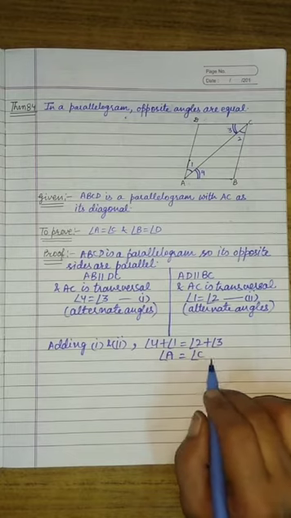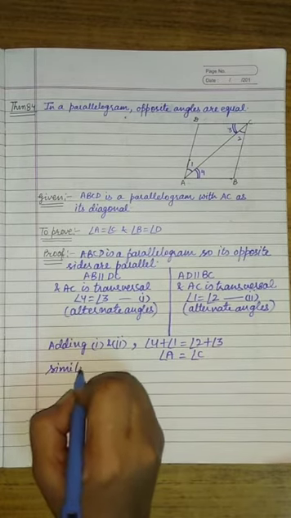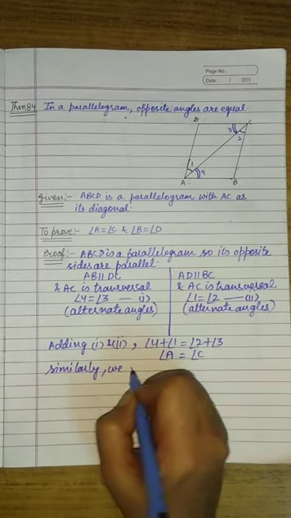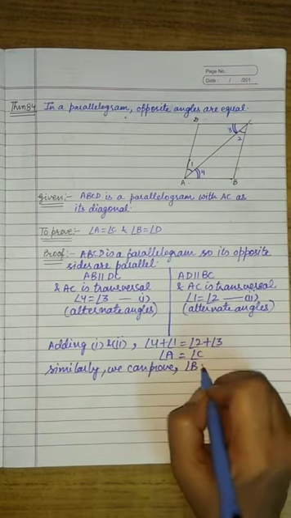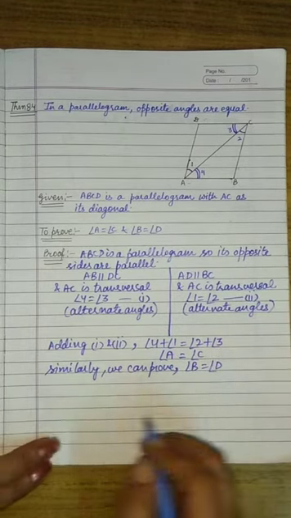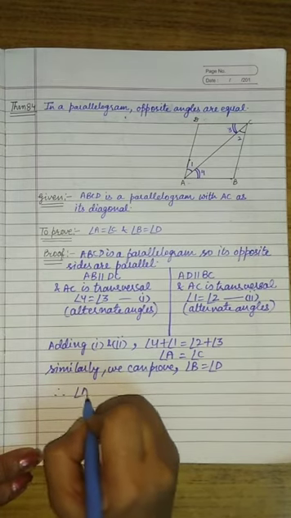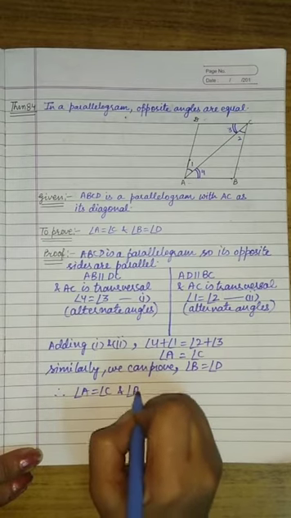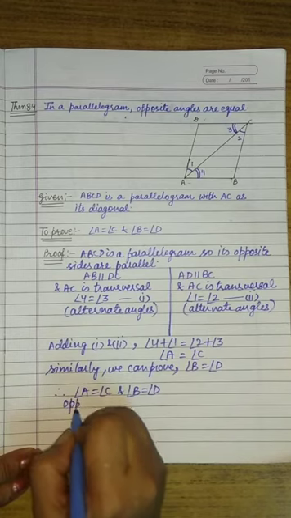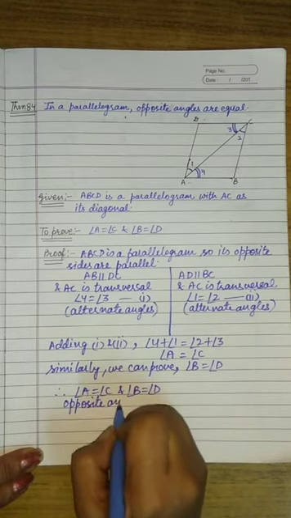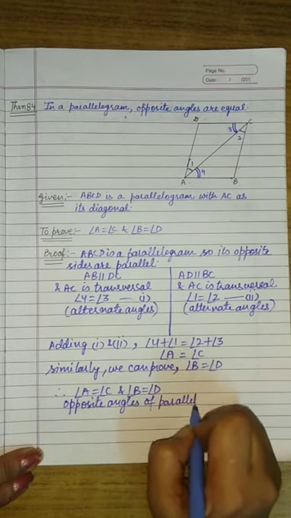So angle A is equal to angle C. Now we can similarly prove angle B is equal to angle D. Therefore angle A is equal to angle C and angle B is equal to angle D, means opposite angles of a parallelogram are equal.